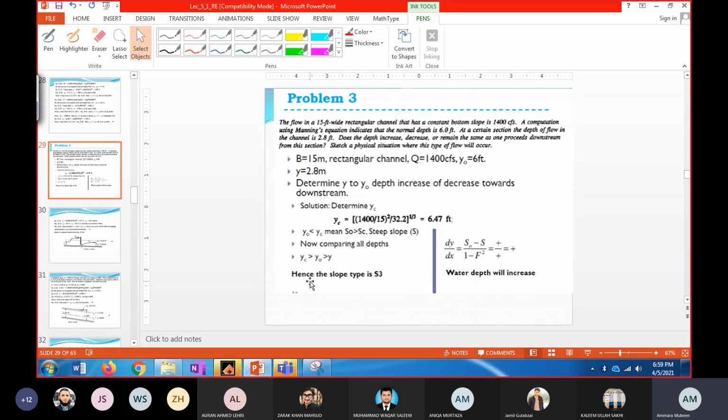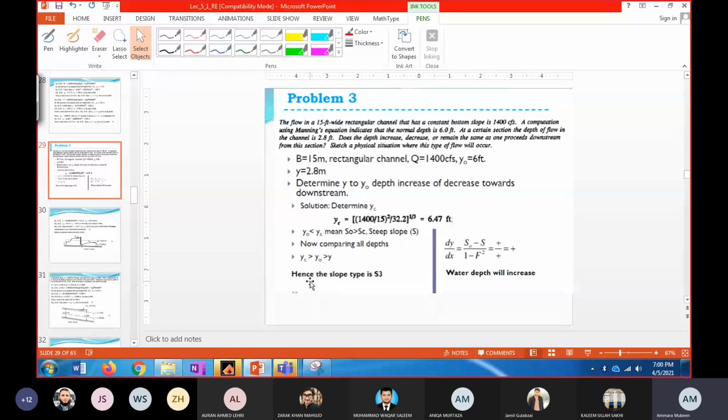So how can you do that? Before deciding about the water surface profile, you have to find out the critical depth value. You have the value of uniform depth with you, and then seeing the critical depth value, you can decide the classification of flow.